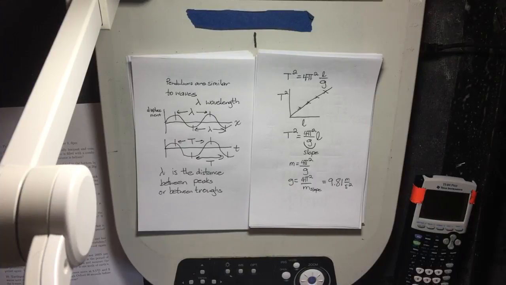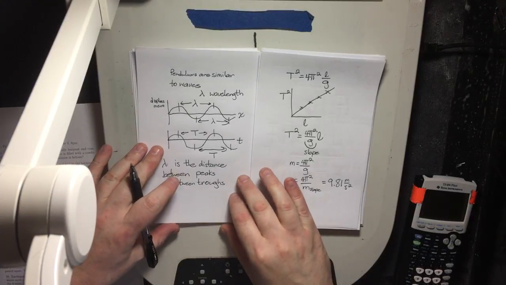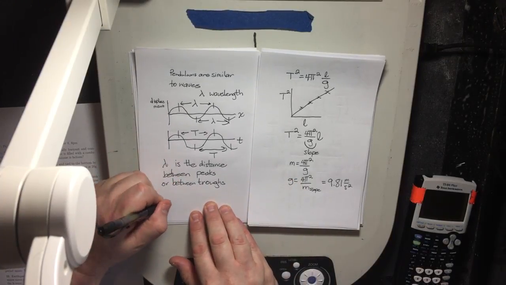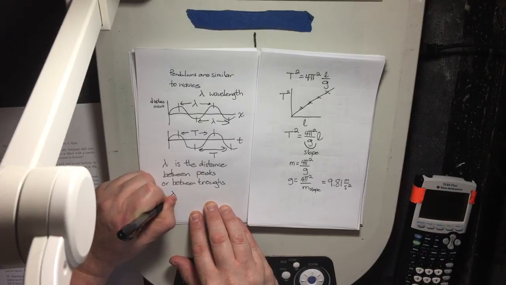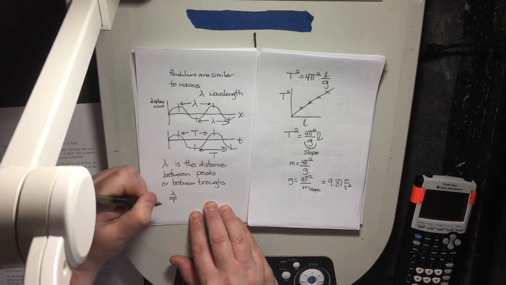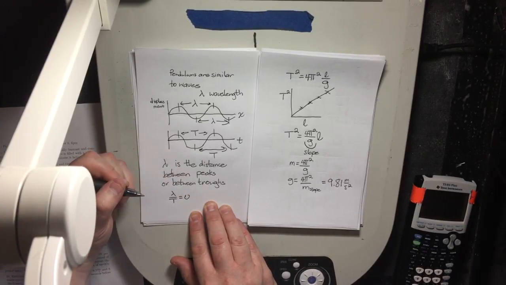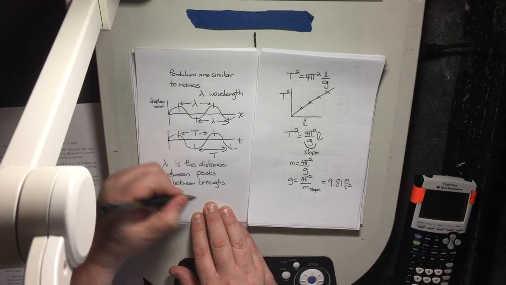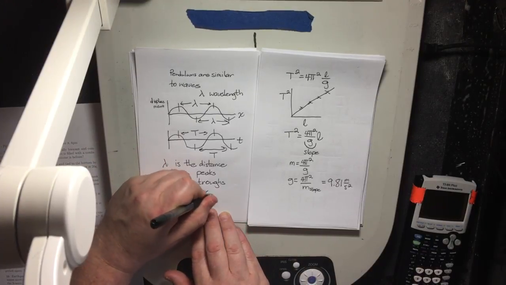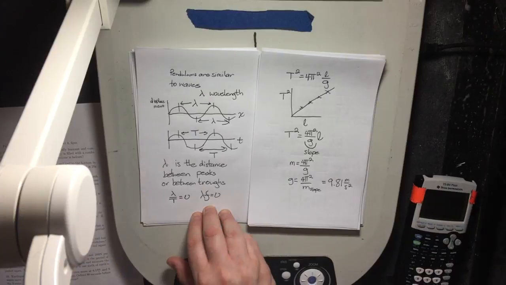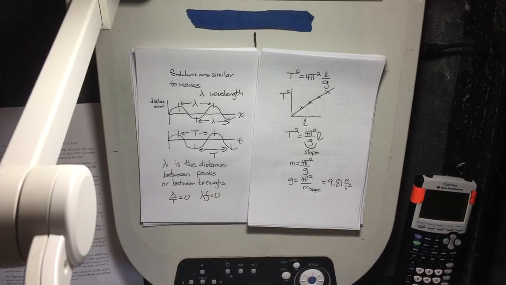And the relationship between all of this is that lambda over t is equal to velocity. You could even say that lambda f is velocity. Now, how does this work together?